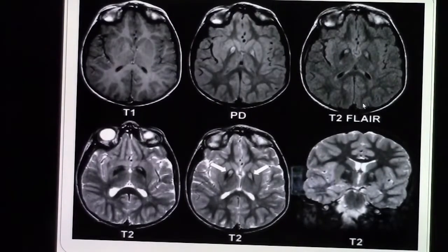This signal in the FLAIR image will be wiped out, so you have a more clear image of the gray white matter. These are the main cuts for the brain MRI.